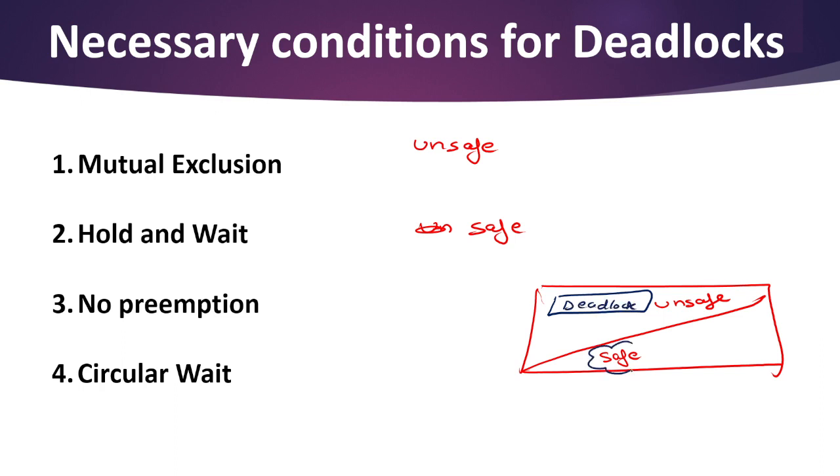Whenever we talk about safe state, that means there will be no deadlock in our system at any cost. And whenever we talk about unsafe state, that means there is a probability of having a deadlock. Remember, deadlock is a part of unsafe state. That does not mean that every unsafe state leads to deadlock.